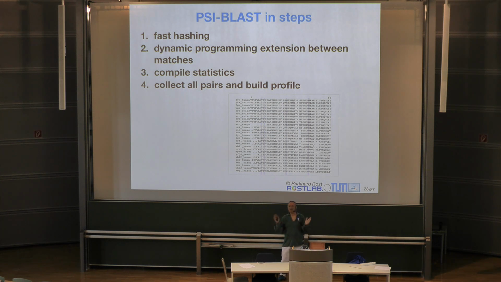But now say I have found 50 proteins. For each of those, I compare the one against the second, one against the third, one against the fourth. So I have pairwise comparisons that build up a bunch of 50 related proteins, and I can use them to compile a profile.